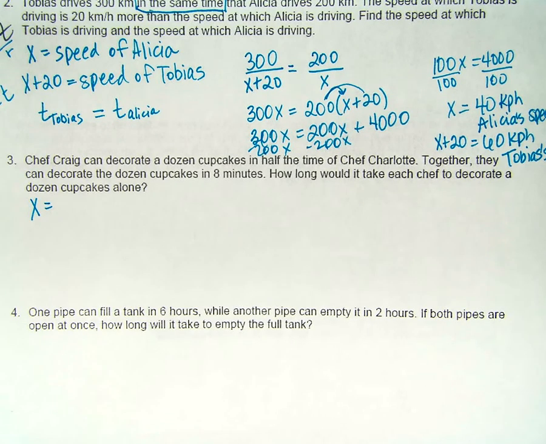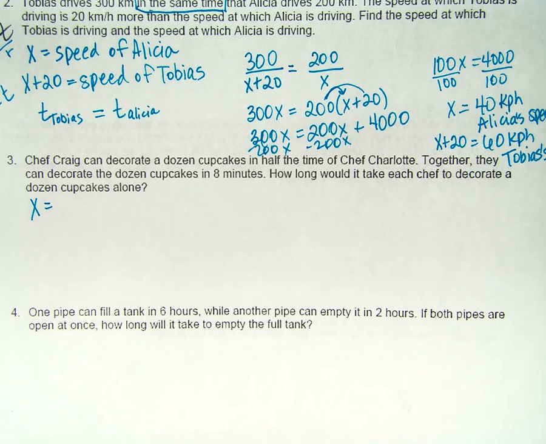Okay, so let's think about this. If we let X be Chef Charlotte, how fast can Chef Craig decorate? In half the time, which means if Chef Charlotte is X, Chef Craig would have to be half X. What if we let Chef Craig be X?